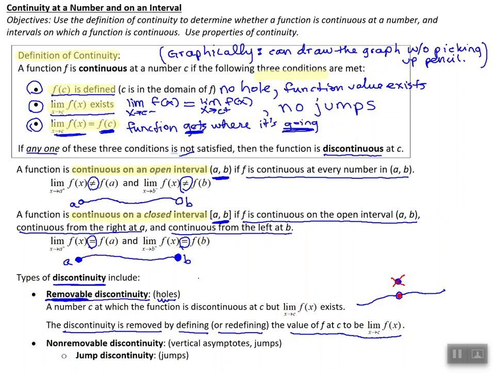We also have non-removable discontinuity, where we cannot remove the discontinuity, such as a vertical asymptote or a jump. In fact, we often call non-removable discontinuities jump discontinuities because we see those most often. For example, the function heads to one place from one side, but to another place from another side. That would be an example of a jump discontinuity.